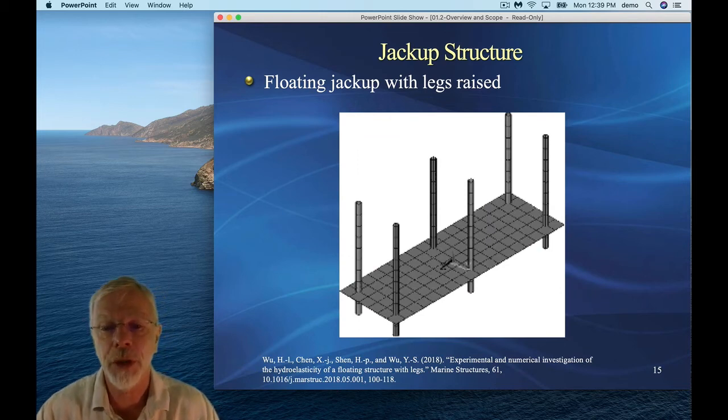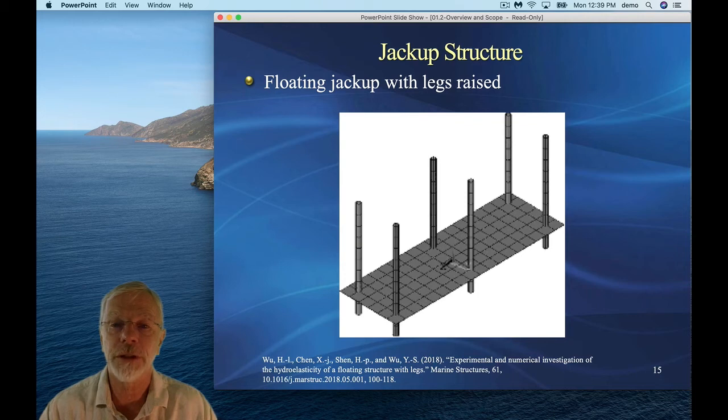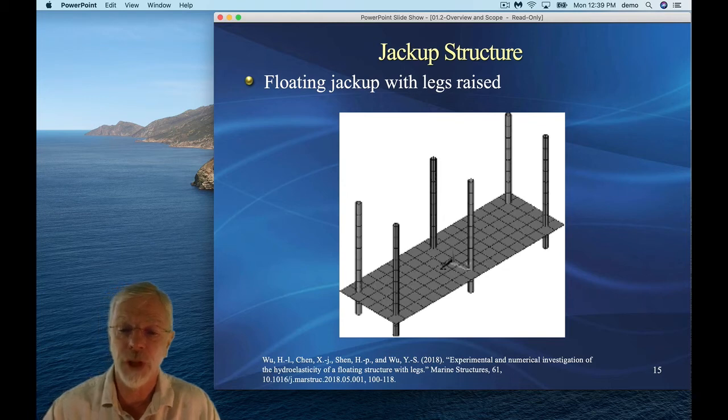This is an example of a jack-up structure with the legs raised, again oriented more towards the larger structures in the typical floating or the typical drilling jack-up.